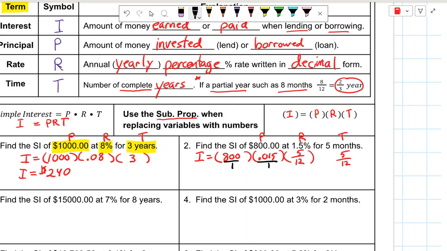We're going to multiply all the top numbers together, starting with 800 times 15 thousandths times 5, and we get 60 on top. And on the bottom, we get 1 times 1 times 12, which is 12. And all we have to do is 60 divided by 12, and we get 5. And that's the interest, $5.